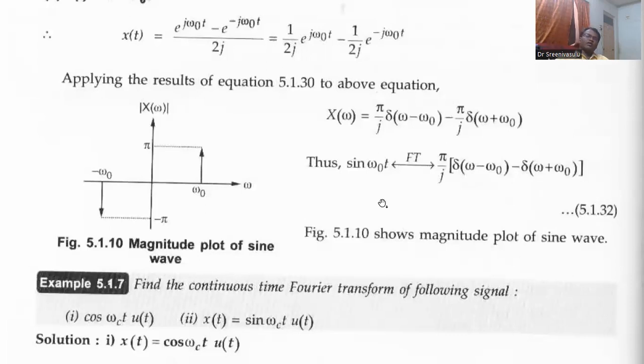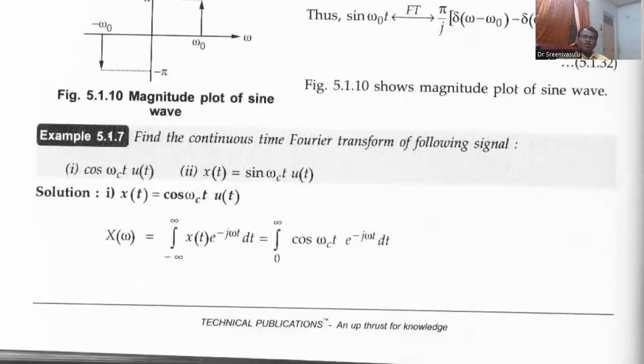Here the real part is 0 and the imaginary part is minus pi. So minus pi whole square is pi square, and the root and square get cancelled. We are going to get pi. Similarly, at omega equal to minus omega naught, you will get minus pi. So this is the magnitude spectrum of sine omega naught.